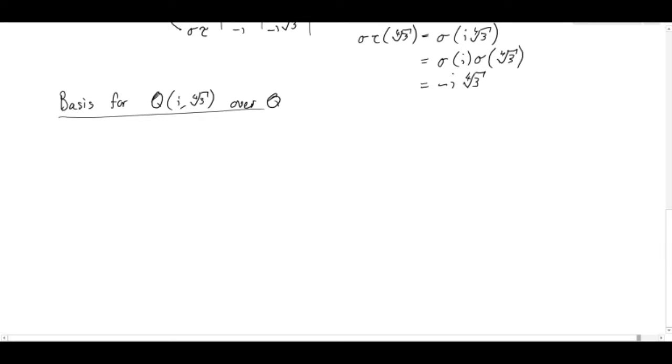Well, 1 is an obvious choice, i, the 4th root of 3, perhaps the square of the 4th root of 3, which is the same as the square root of 3, perhaps the cube of this, and then i times all of them. Actually, let's move the i to the right-hand side: i times 1, i times the 4th root of 3, and so on.